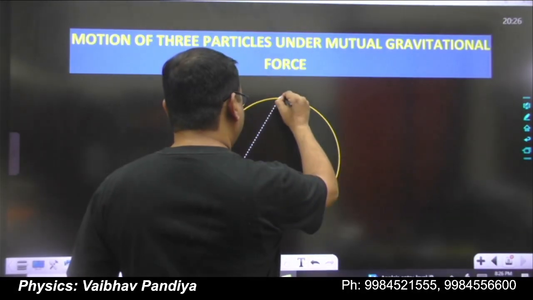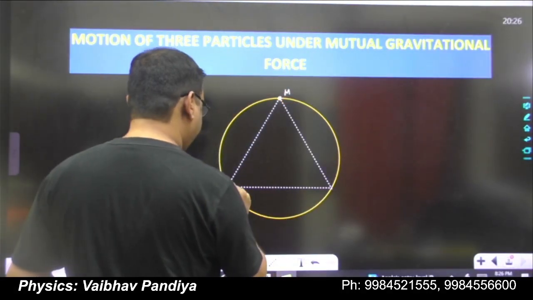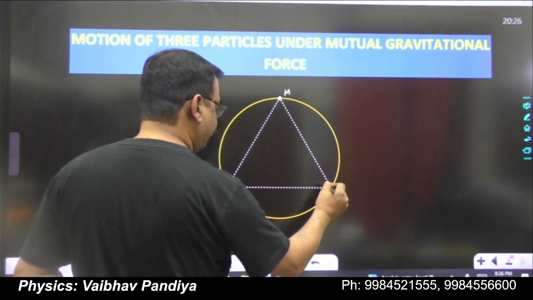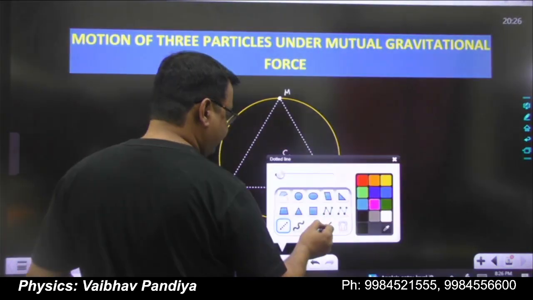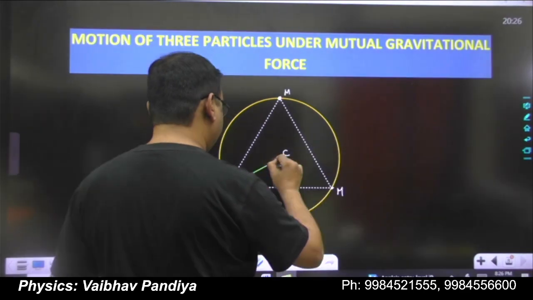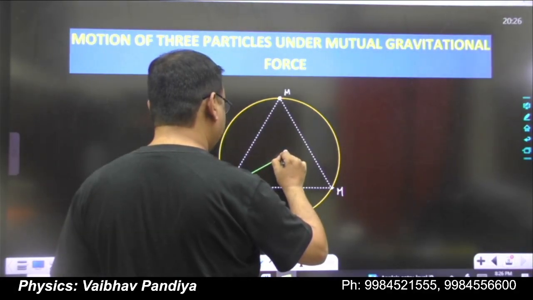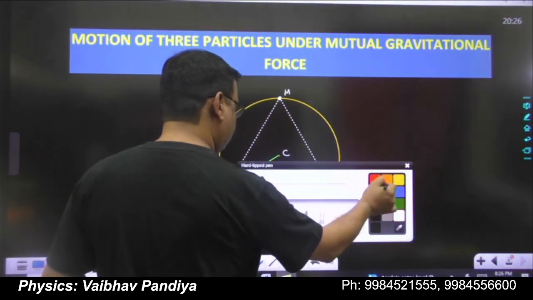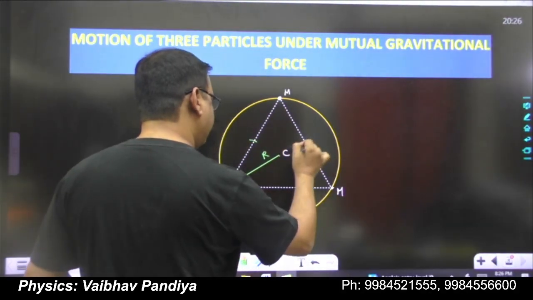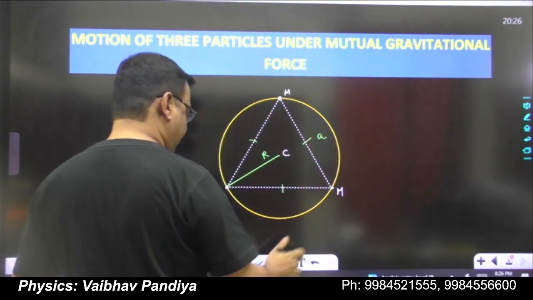So this is my particle 1, this is particle 2, and this is particle 3, and this is the center of the circle, and say the radius of the circle is capital R, and the side of the equilateral triangle is A, correct?